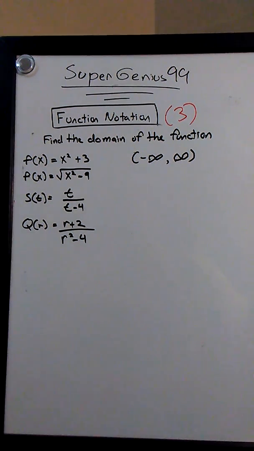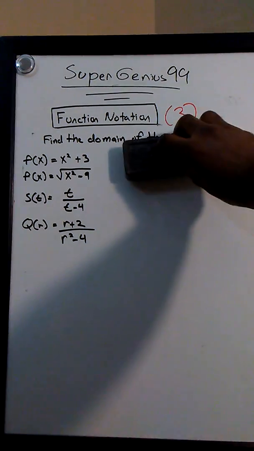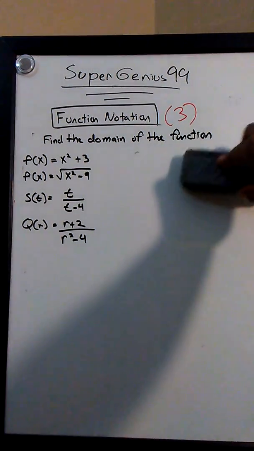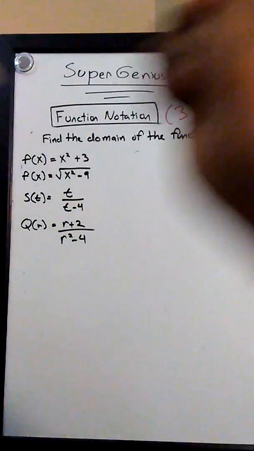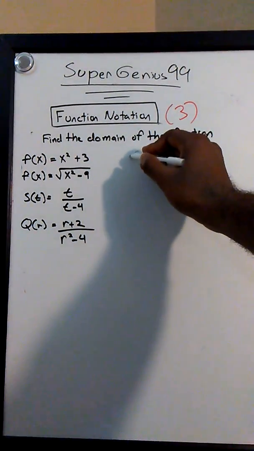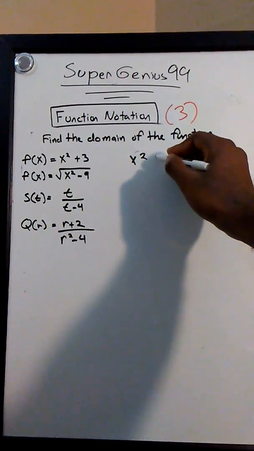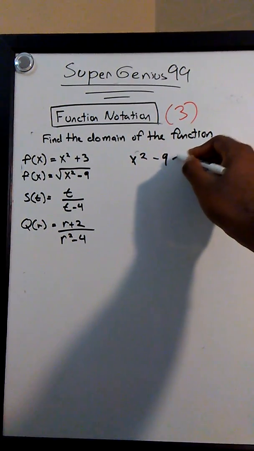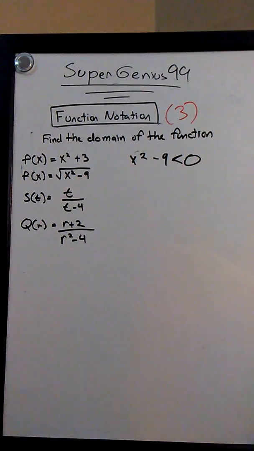In order to have a negative on the radical, what's under the radical would have to be less than 0. Okay, because you can have 0 under the radical, you just can't have a negative.